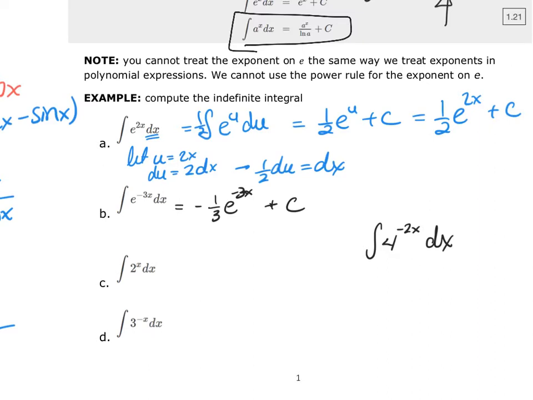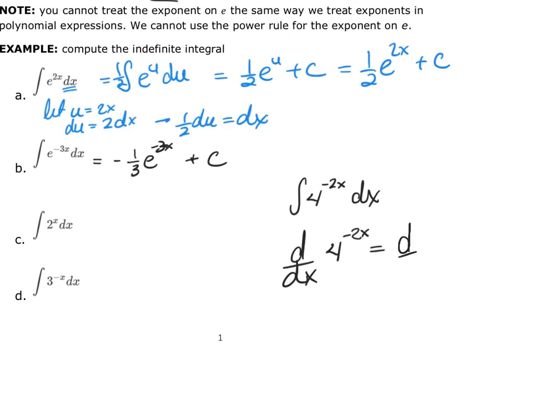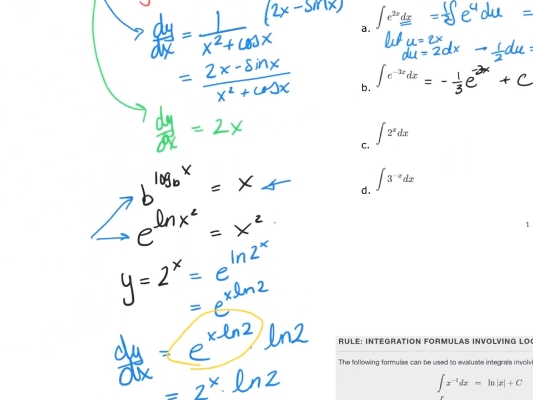If I were asked to do the derivative d dx of 4 raised to the negative 2x, then this is going to be equal to d dx of e raised to the negative 2x times the natural log of 4. And I'm using the rule from over here.